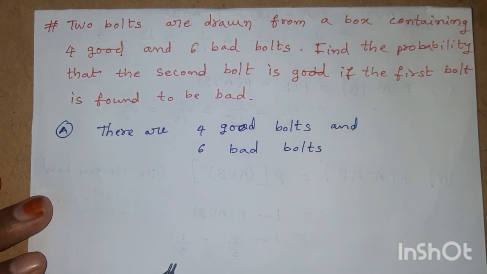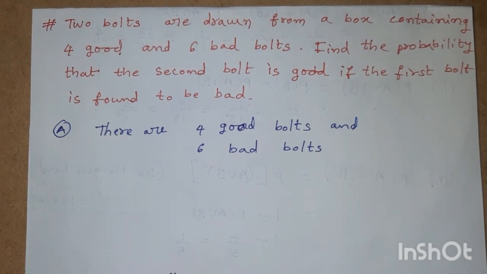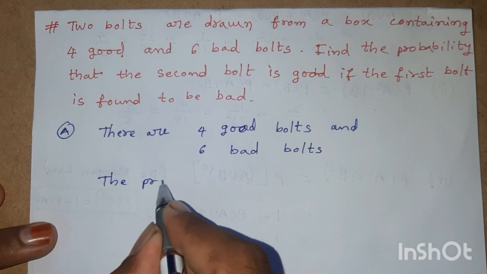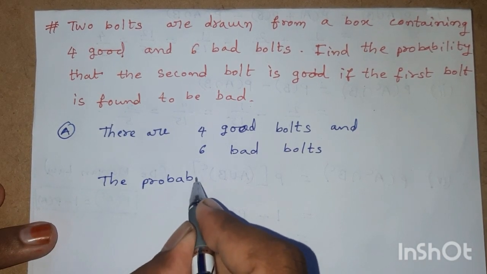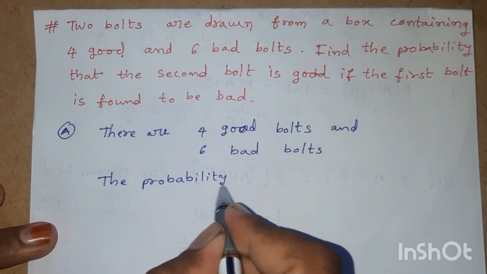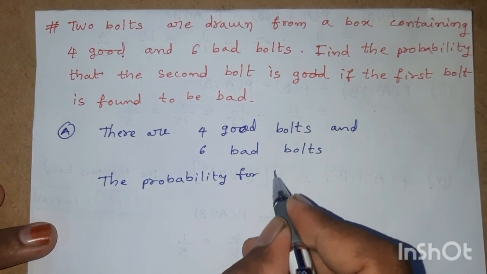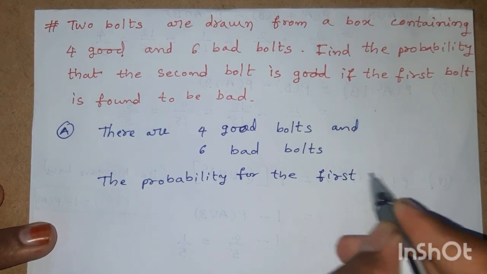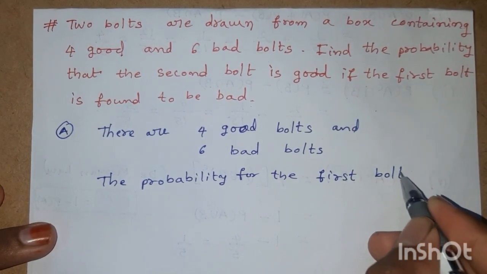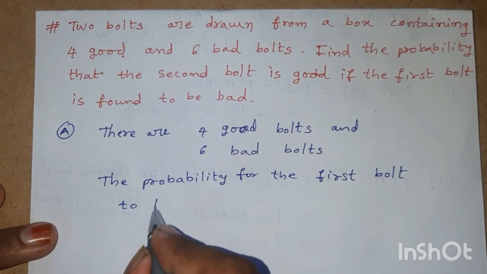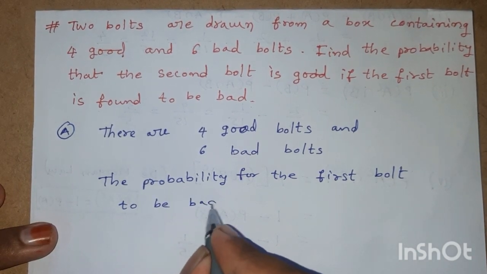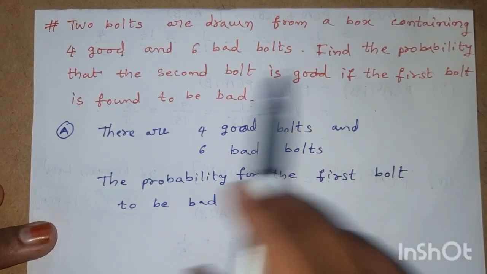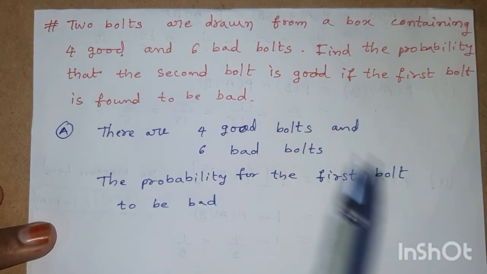Okay, but you have to find out the probability for the first bolt to be bad, because in the problem the first bolt is chosen, that must be a bad one.